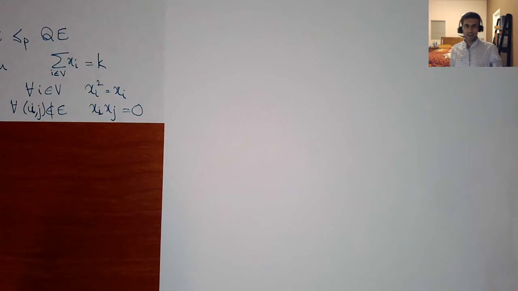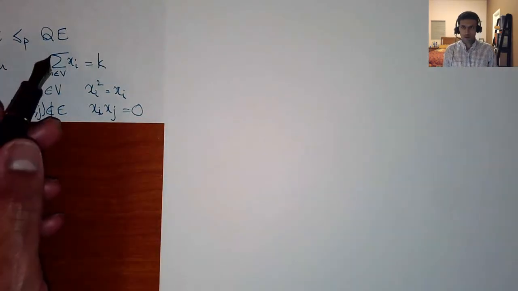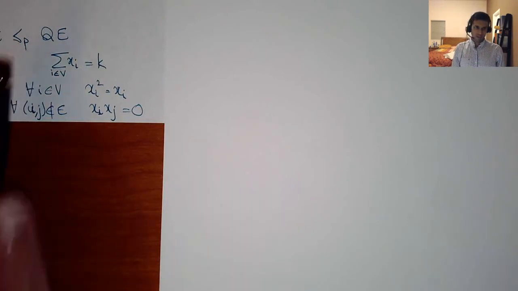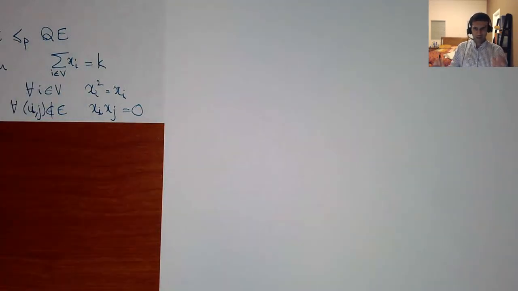By the way, first I should have said that QE is in NP, which is maybe not as obvious, and one has to be careful about this. One needs to argue that if there exists a solution, then the bit complexity of it is polynomial. Let's not necessarily go into that.